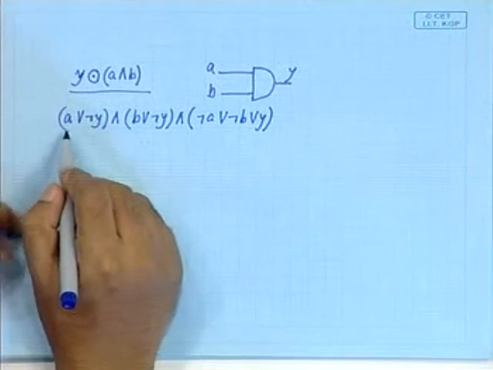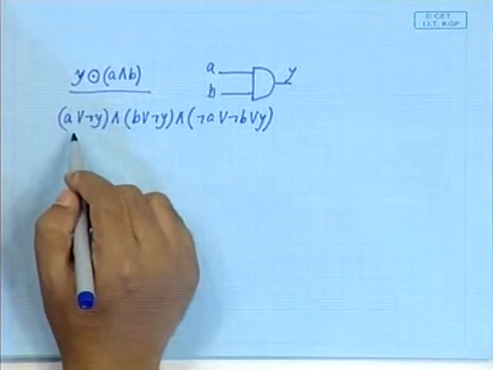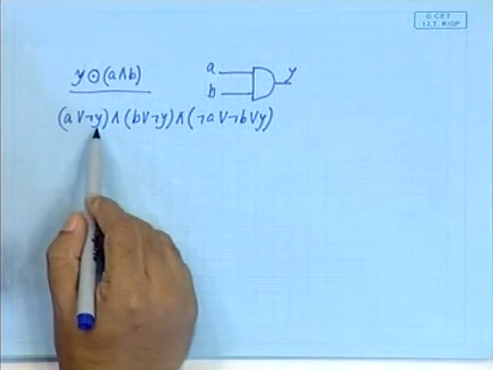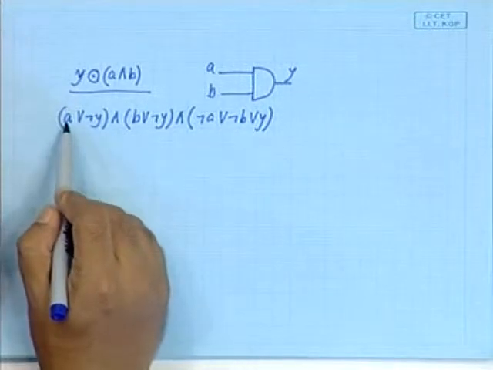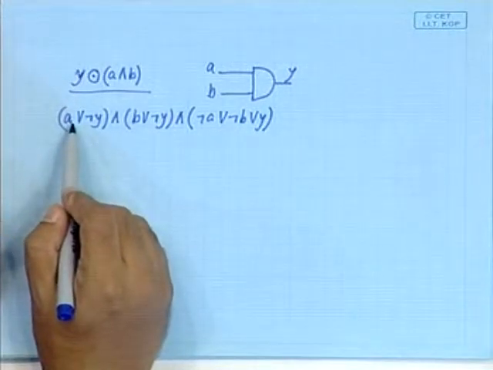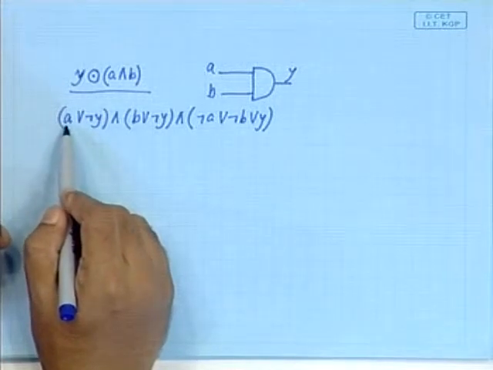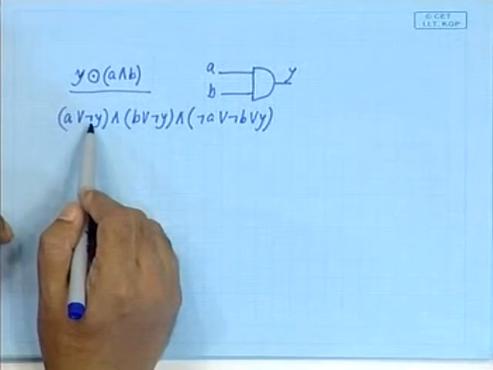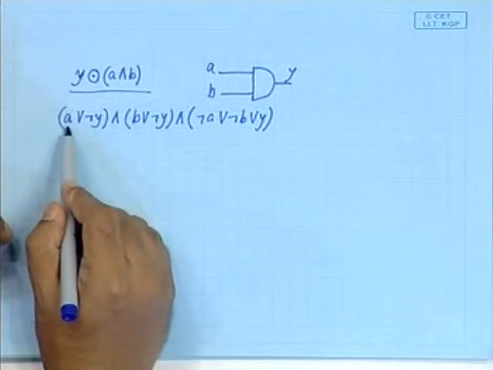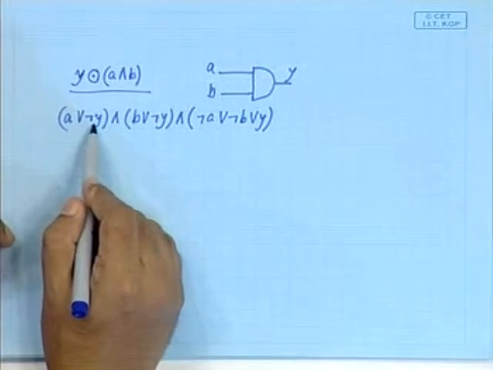You can see that these are the clauses under which, if you have not A, then not Y must hold. So this says that whenever not A, then not Y must hold.